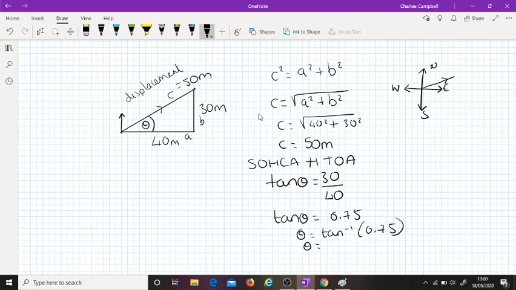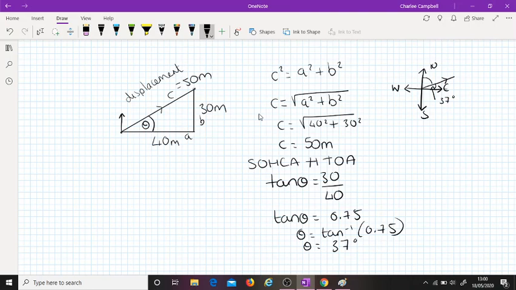Our angle is 36.7 degrees. We could just round that up actually to 37 degrees. So this bit here is 37 degrees, but in terms of a bearing, our bearing is from north all the way around. So if you look here, this point here is actually our bearing.